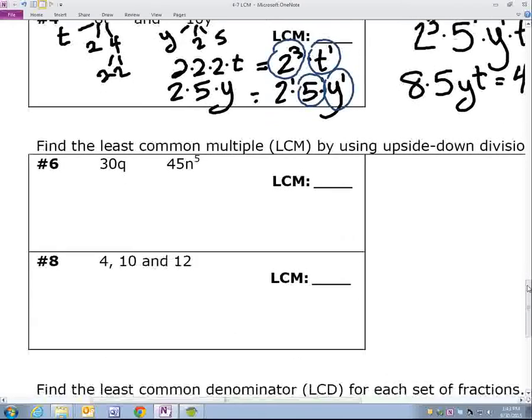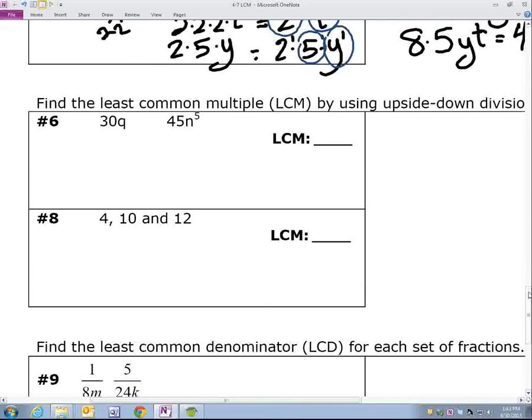For this one, the list method would be 45n to the 5th, 90n to the 5th, that sort of thing, because that just keeps going, n times n times n times n.